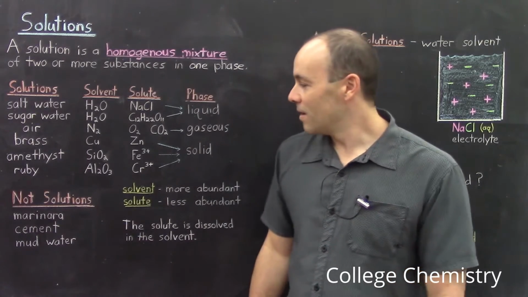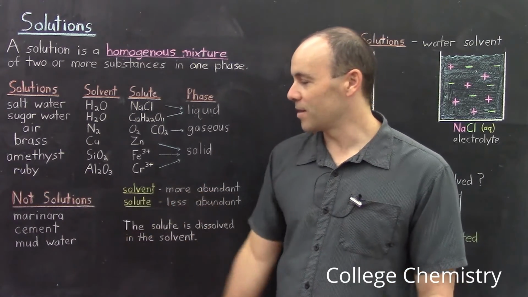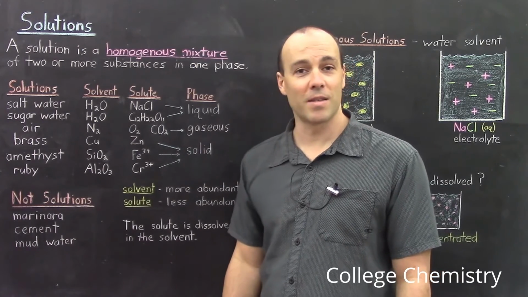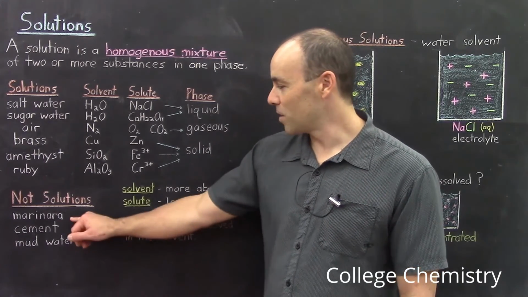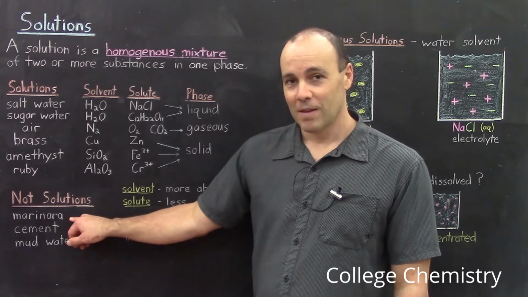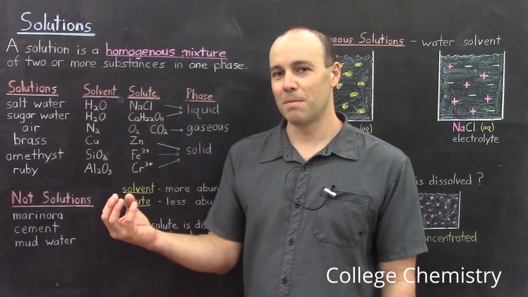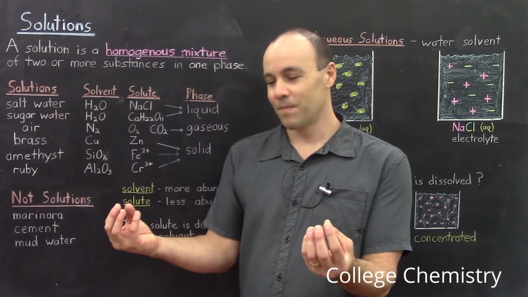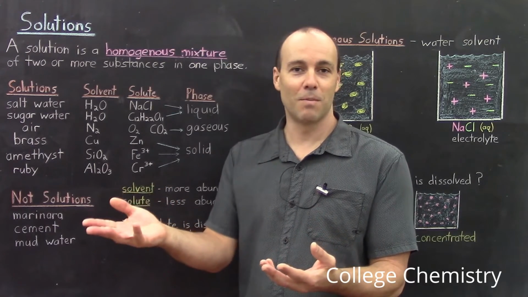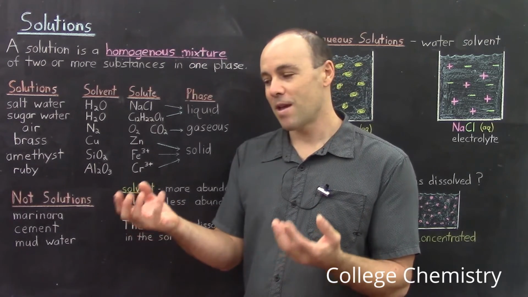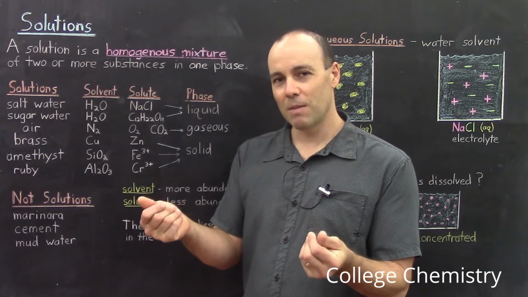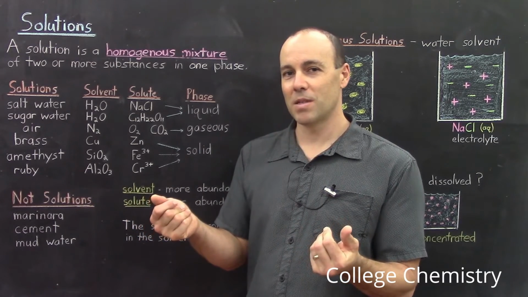Now, here are a few examples of mixtures that are not solutions. The first one is marinara. If you make marinara like I do, you will have large clumps of tomato, onion, garlic, and perhaps some other components as well. So again, these components have not been thoroughly broken down into their smallest pieces.